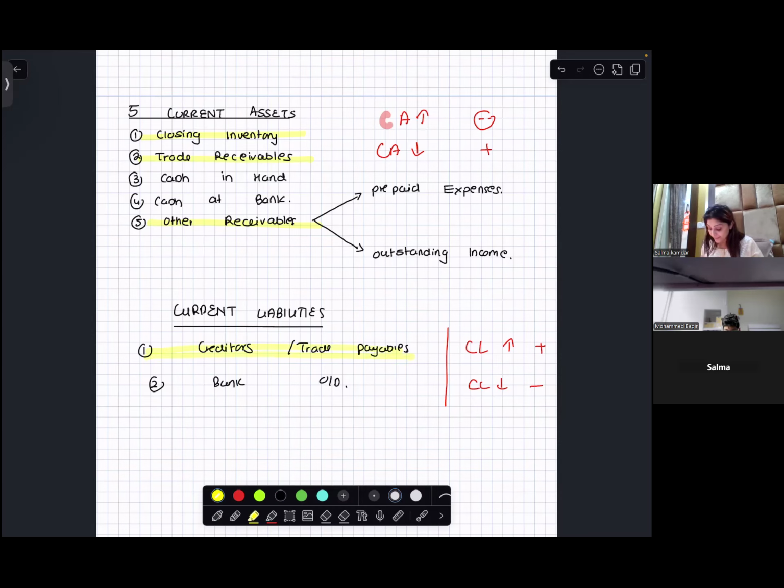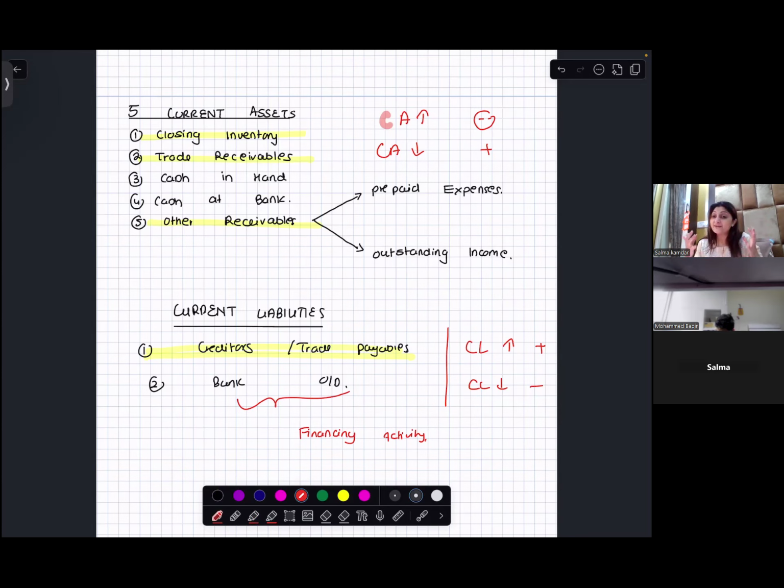How about the bank overdraft? Bank overdraft would go in financing activity. What is bank overdraft? Bank overdraft is when you withdraw more money than what you have in your bank account.